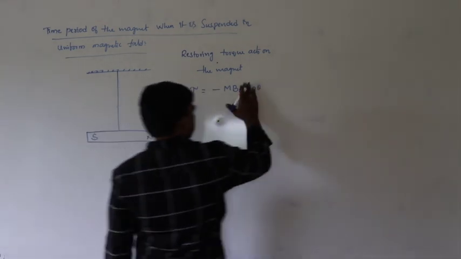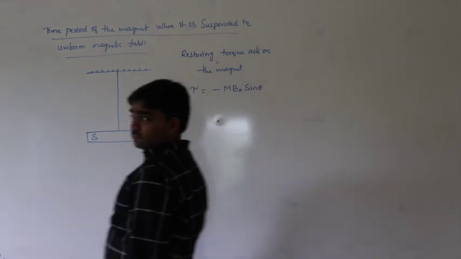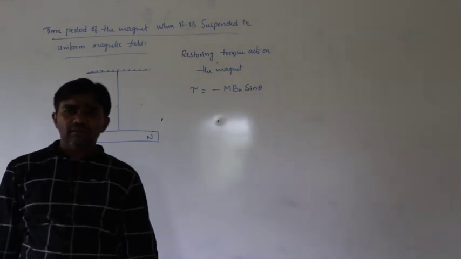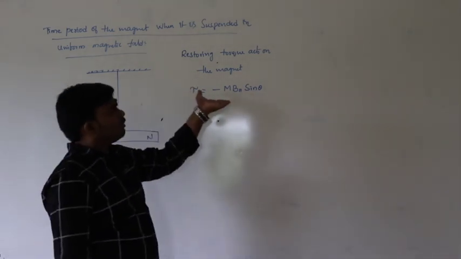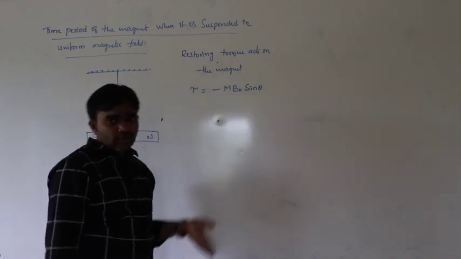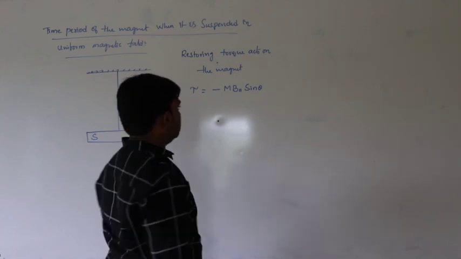If the magnet is deflected, then what is the torque acting on it? The general formula is tau is equal to mB sin theta. The restoring torque acts on that magnet: tau is equal to minus mBH sin theta.